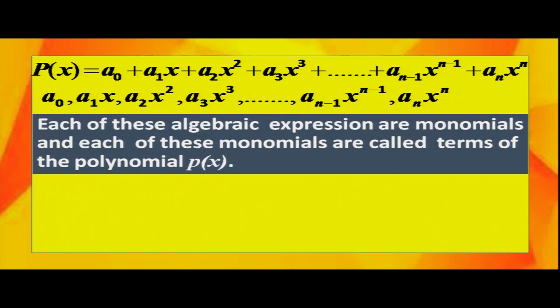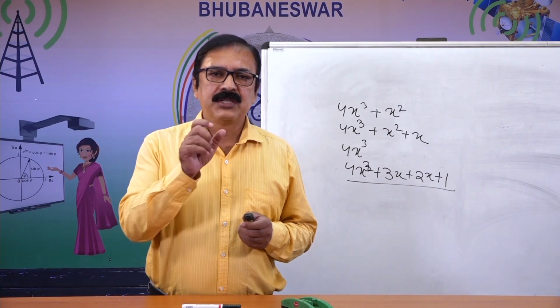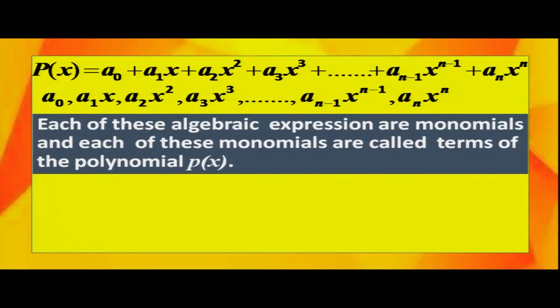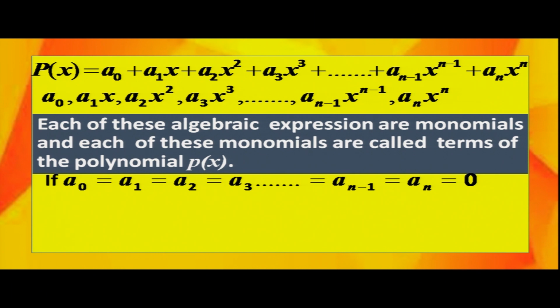Each of these algebraic expressions is a monomial, and each of these monomials is called a term of the polynomial p(x). As it is written that n is a non-negative integer, each term is a monomial and each monomial is a term of the polynomial p(x).